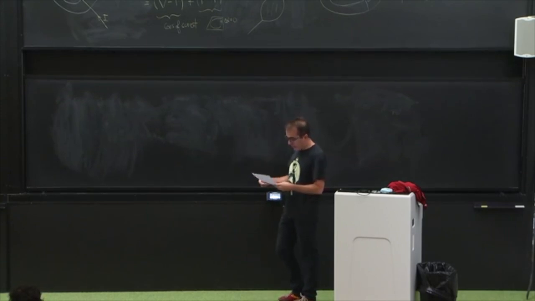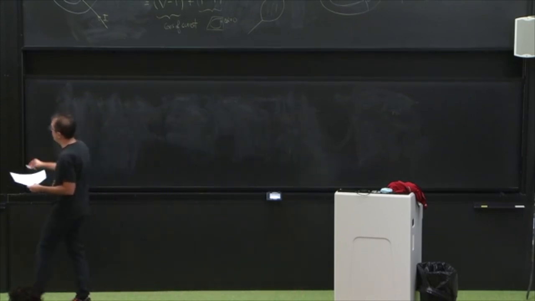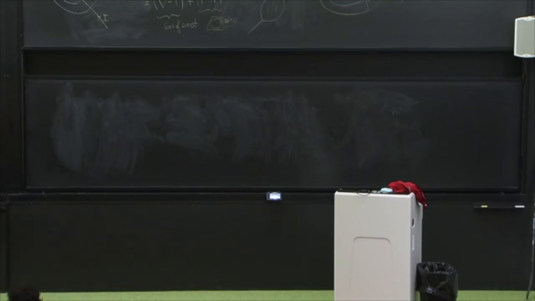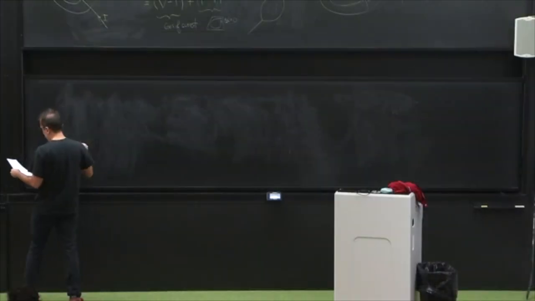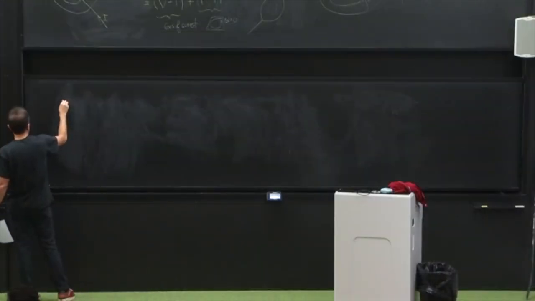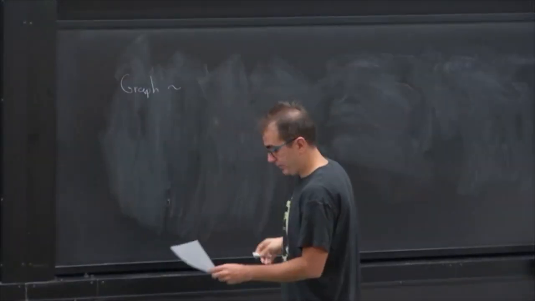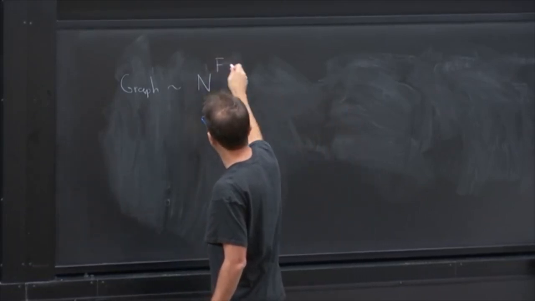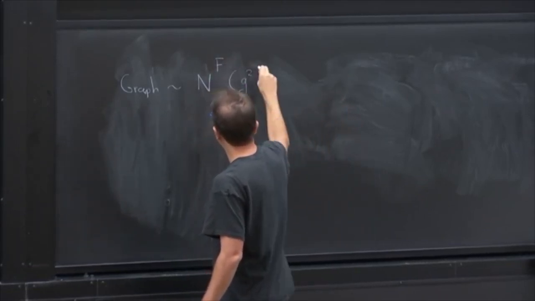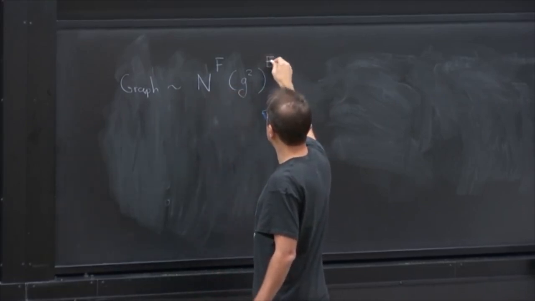Good. Okay, so let's go on with our general diagram estimate. So we are there, and we continue from here. With our general graph, we conclude that our graph scales. I just wrote again, n to the number of faces, g squared to the number of edges minus vertices.